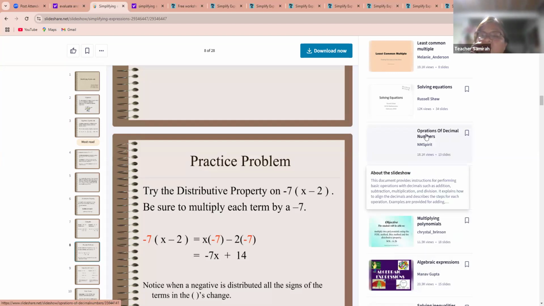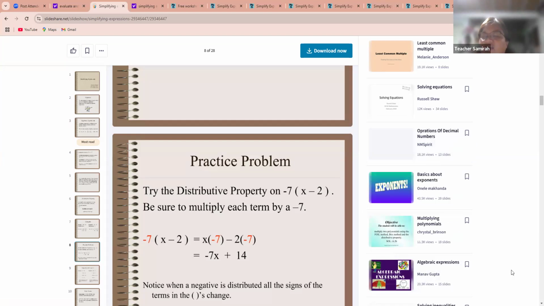How about Inda? Just simply say yes or no. Yes. Yes. Okay, so everybody decided that we can actually combine negative 7x and 14.